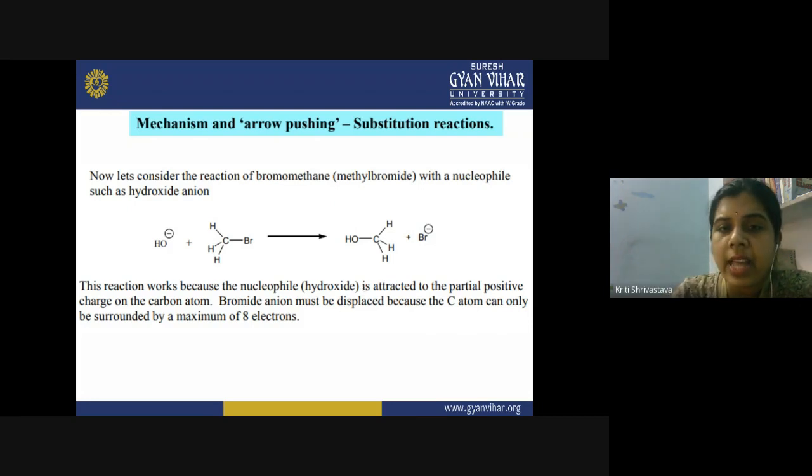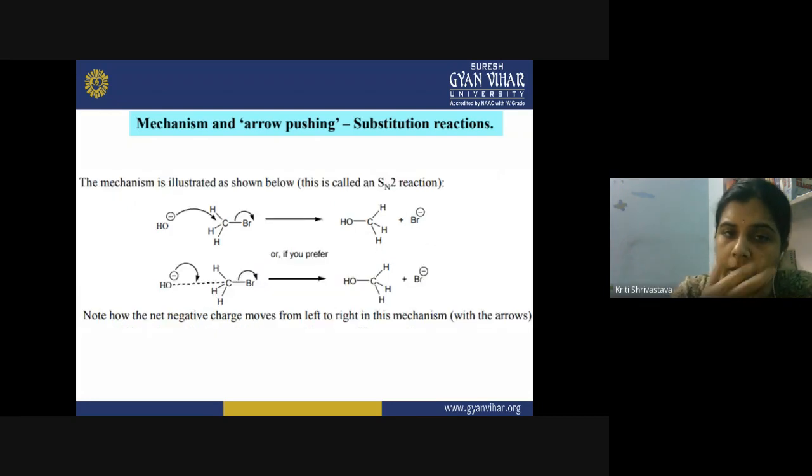Now let us see how the arrow pushing can be drawn here. When you are showing the electronic movement, you use these arrow pushings. Let us see how we can do that. This hydroxide anion is approaching the positively charged carbon, the partial positive charge on the carbon. So the electron pair on the oxygen in the hydroxide is moving towards the carbon, right?